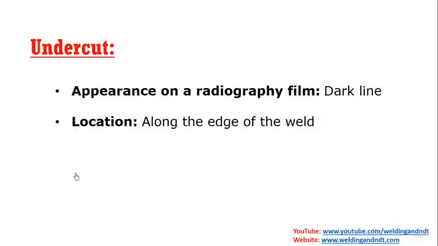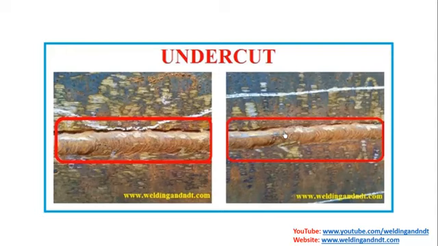Now in this part we'll start with undercut, and how to identify it. Undercut will appear as a dark black line on a radiography film, and the location will be along the edge of the weld. First see this photo, which I've taken from my website weldingandt.com.